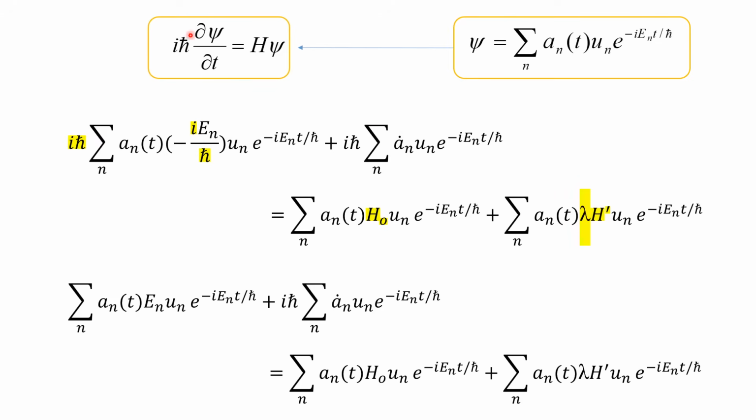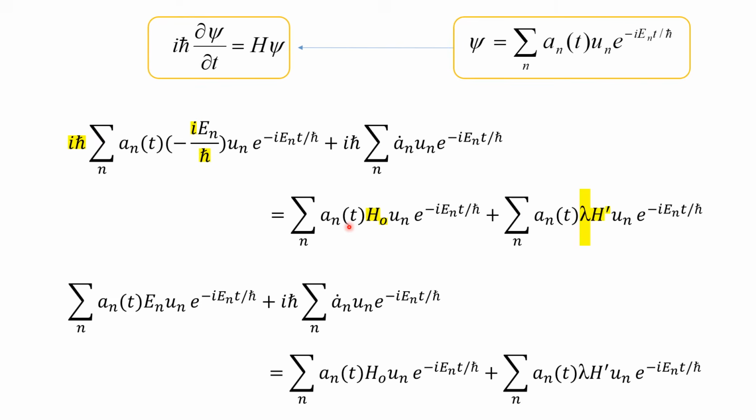Now you come to the right hand side. As I said just now, the H can be written as H naught plus lambda H prime. So this right hand side can be separated into two portions. One with H naught, because ψ, we know, is an of t un e to the power minus i En t over ħ. You know this an is a number, so you can take it to the left of the operator.